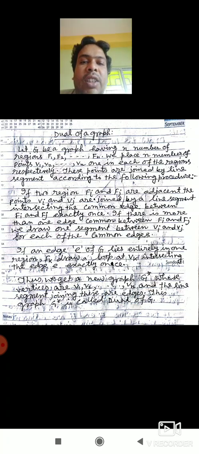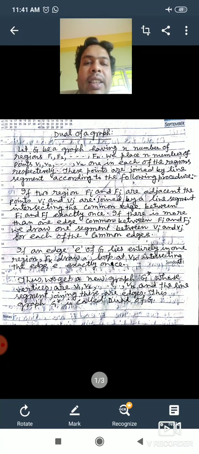exactly once. If there is more than one edge common between fi and fj, we draw one segment between vi and vj for each of the common edges. If an edge E of G lies entirely in one region Fk, draw a loop at Vk intersecting the edge E exactly once.